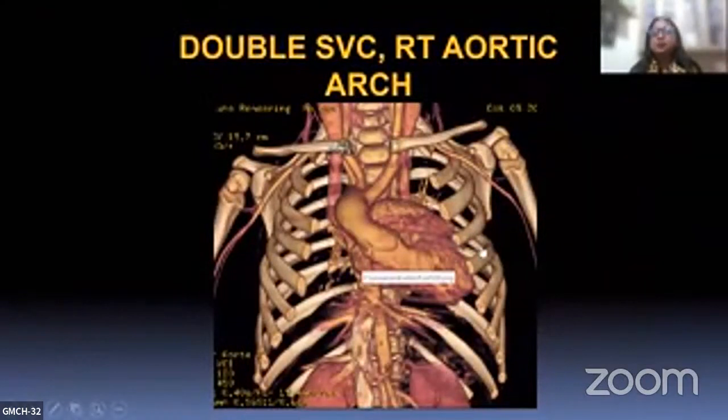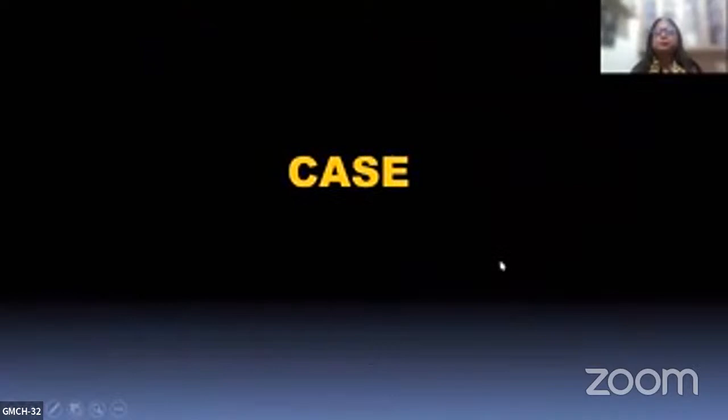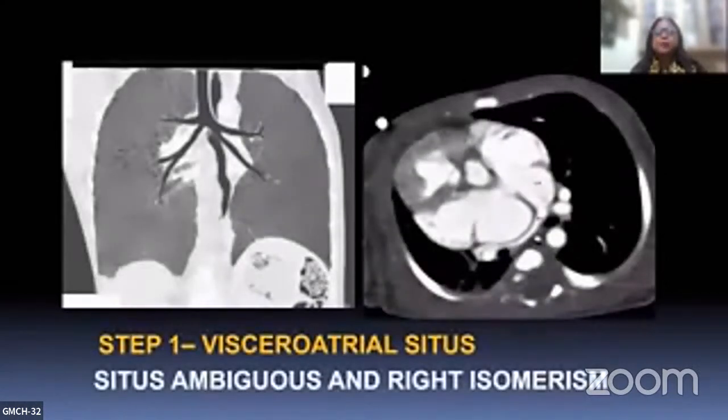Here I'm showing some associated anomalies. This is a double SVC with a right-sided aortic arch. This is a double aortic arch which we found in one patient. Here is how the double aortic arch is seen. Now a small case, so that we have a feel of how to apply this approach to different cases of congenital heart disease.